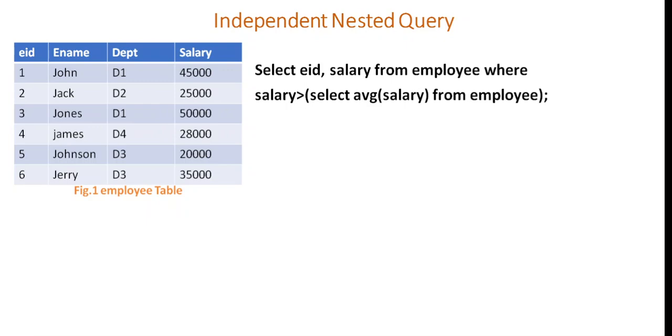I am repeating my statement: I want to display the information of employees from this table whose salary is greater than the average salary of all the employees. So this is my statement. I want this type of output.